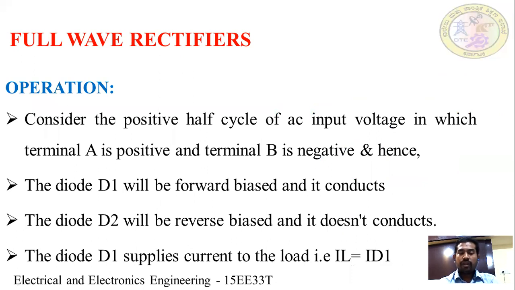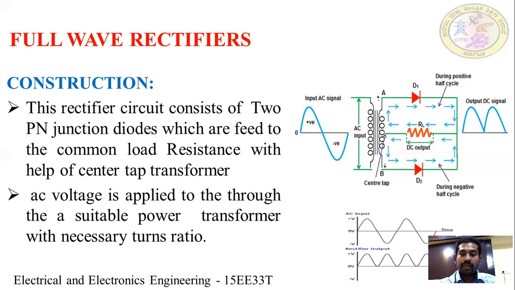If you go for the operation of the circuit during the positive half cycle of input voltage, the terminal A is positive and terminal B is negative.